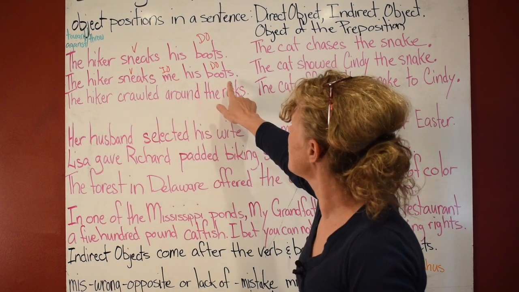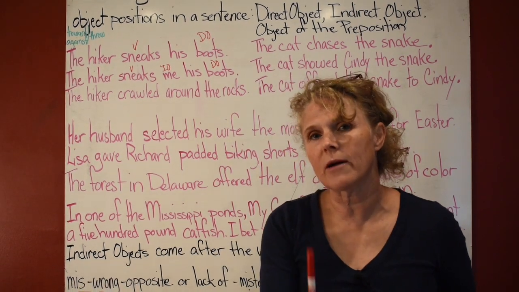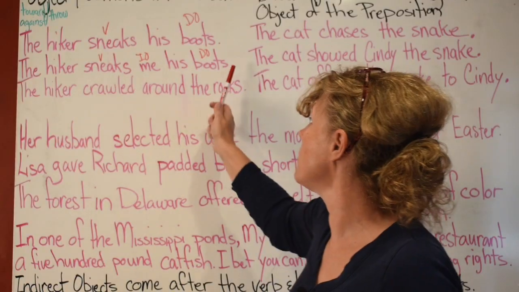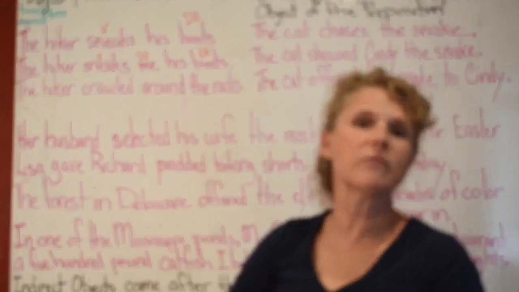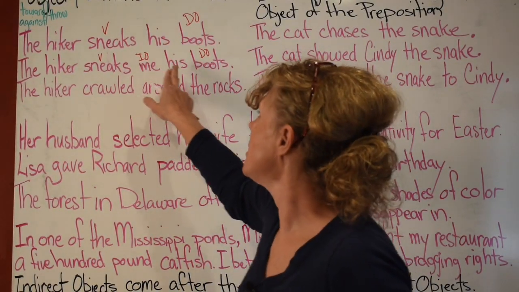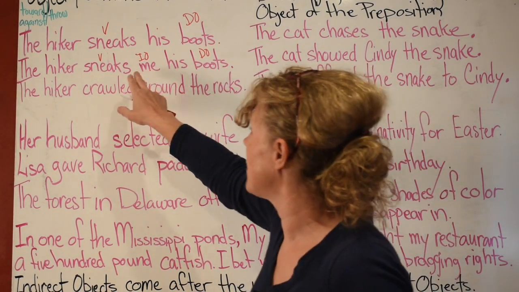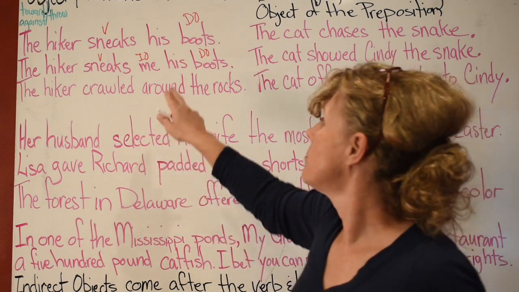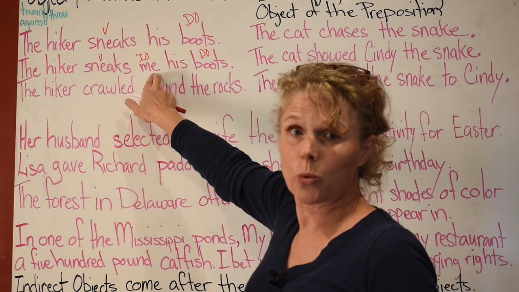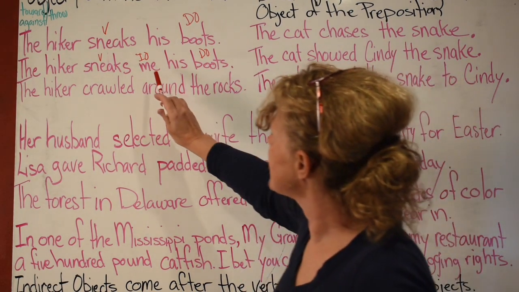And you see how this is sitting between your verb and your direct object. That is the only way you can have an indirect object, between the verb and the direct object. You can't have it any other way unless it's between the two. Now you can have obviously adjectives and adverbs describing, but it still has to be in between them.